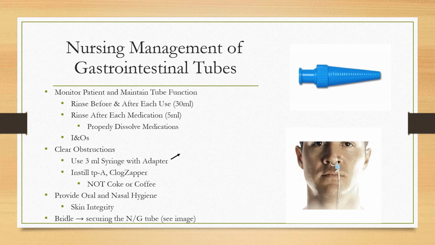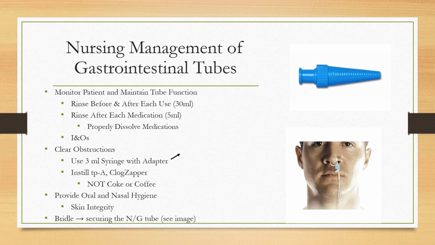Okay, so also don't forget about the nasal hygiene and checking for skin integrity, because often they can get inflammation where the NG tube is rubbing against the nostril. Okay, and lastly, a bridle, so a nasal gastric tube bridle.